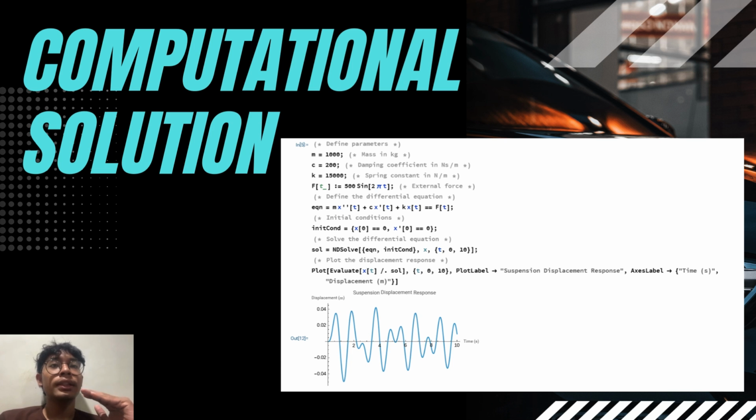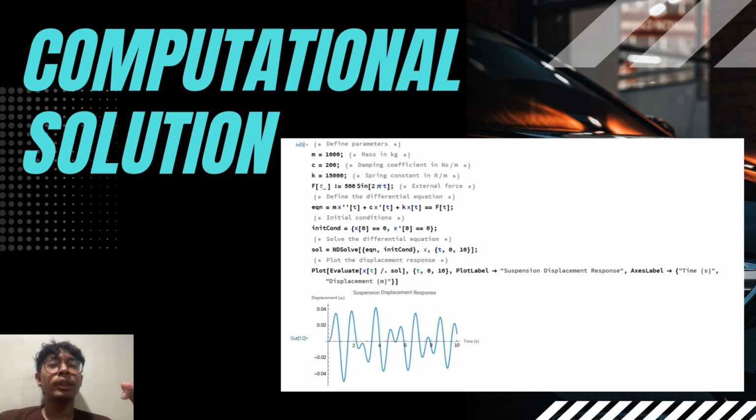F(t) is the external force modeled as 500 sin(2πt), representing a repeated bump on the road.